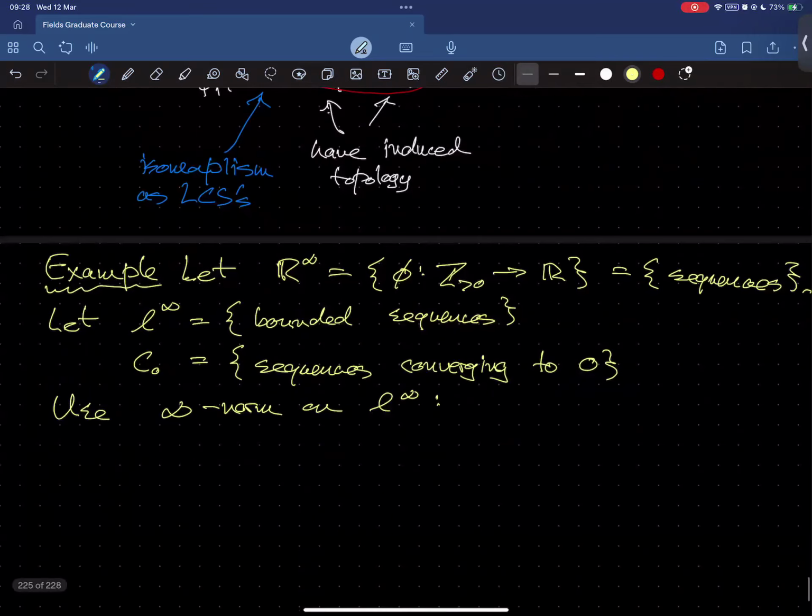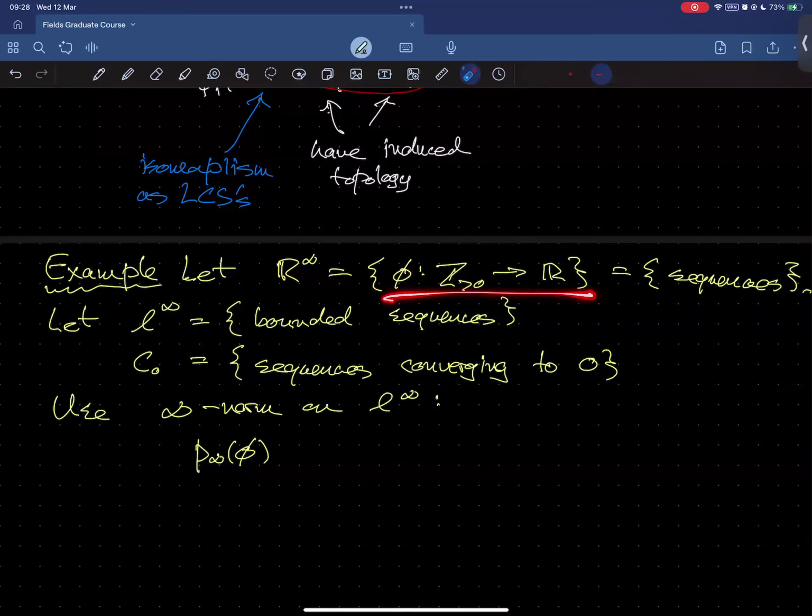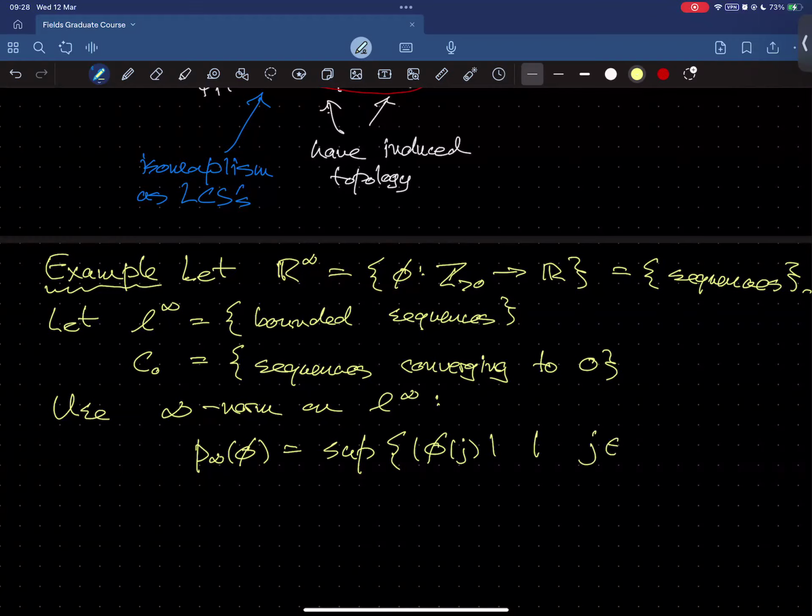The infinity norm of a sequence, so a sequence is a mapping like so, is simply the sup.